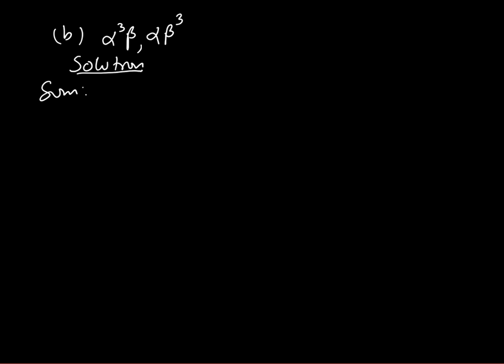Okay, when you get alpha cubed beta and you add it to alpha beta cubed, what do you get? Here is when we exploit our knowledge of factorization. This is alpha beta into alpha squared plus beta squared.